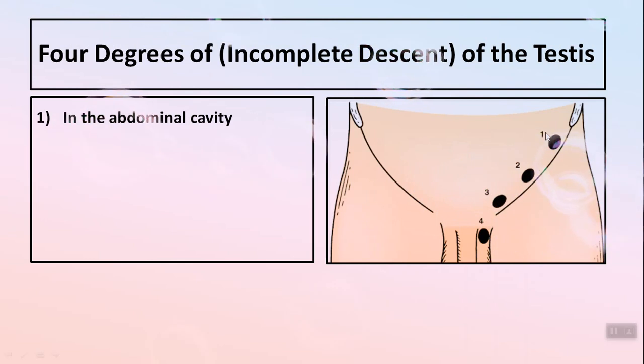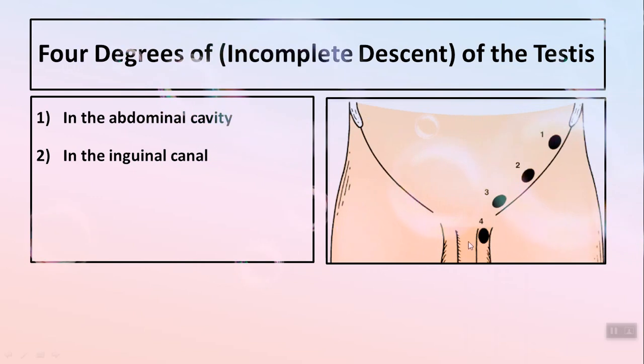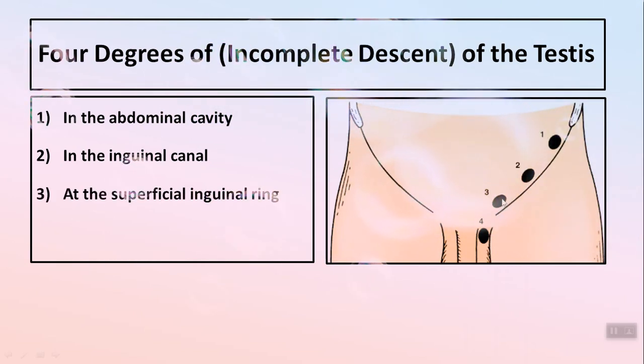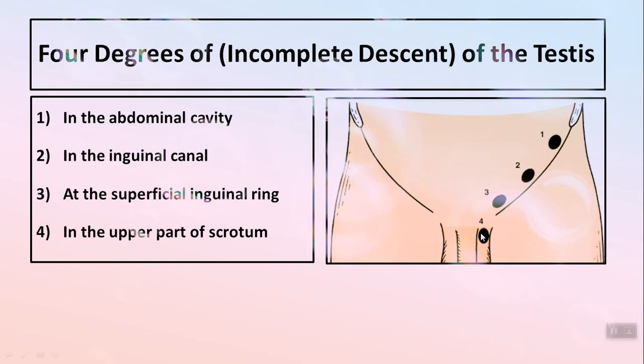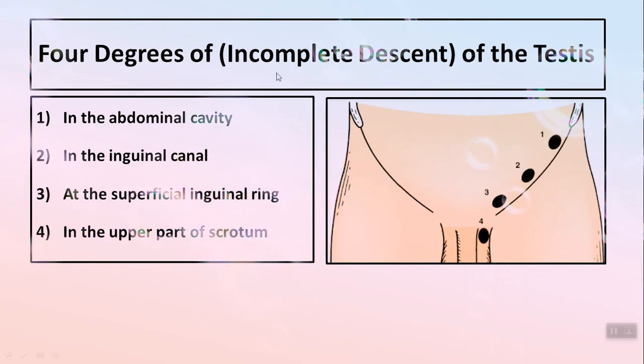First of all, number 1 in the abdominal cavity, number 2 in the inguinal canal. Why? Because we said that it passes through the inguinal canal to reach the scrotum, or number 3 in the superficial inguinal ring, or number 4 in the upper part of the scrotum. All these regions are regarded as incomplete descent of the testis.